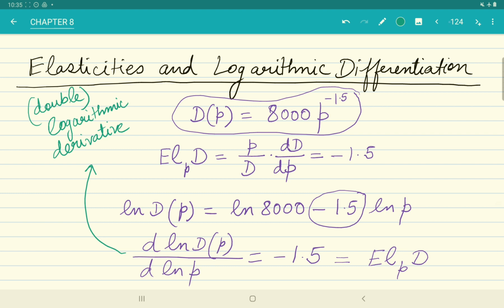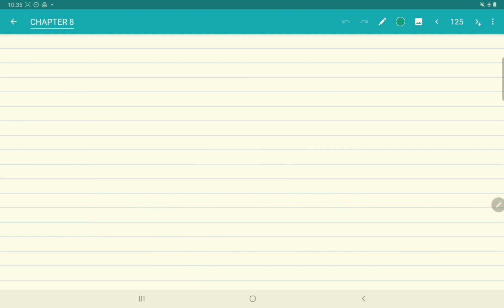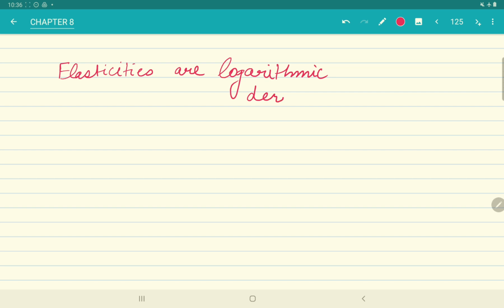In fact, there is a very important general rule: elasticities are logarithmic derivatives. I can also write in brackets that elasticities are double logarithmic derivatives. That is also correct.